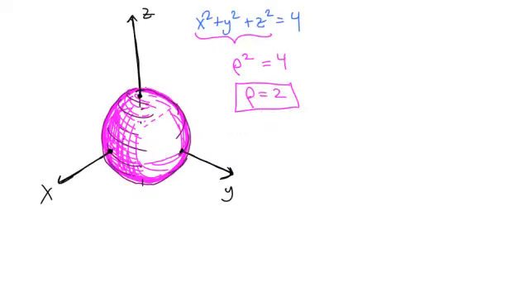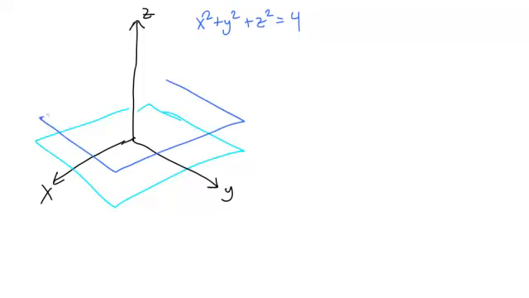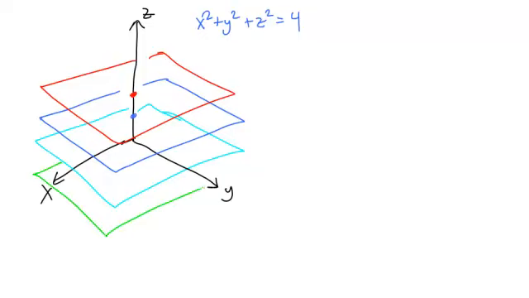Here's a slightly different way to attack the same problem. Let's imagine taking this unknown surface and slicing it with a bunch of planes, say planes parallel to the xy plane. We'll slice it right here, at a plane 1 unit above, at a plane 2 units above, and we'll just keep slicing the surface, trying to see what it looks like in these individual slices.